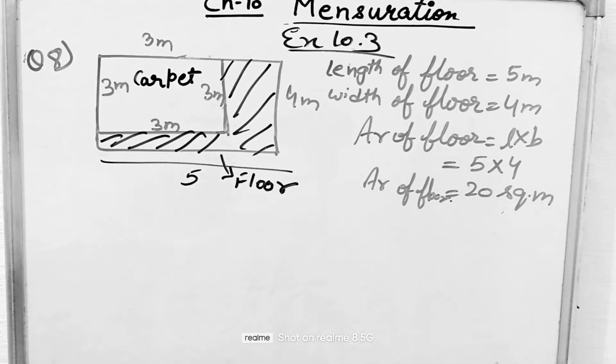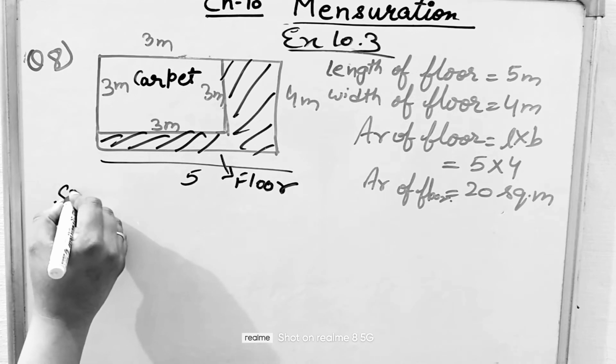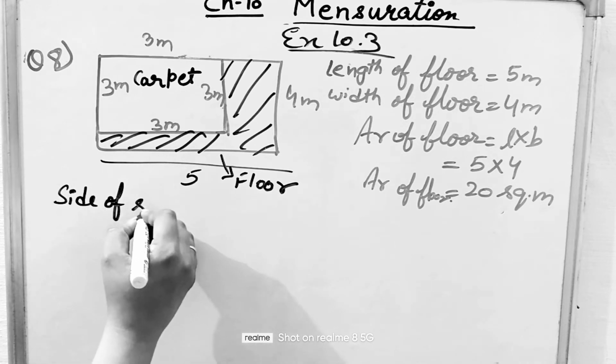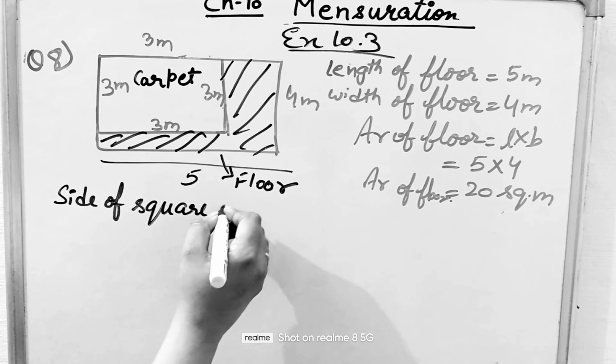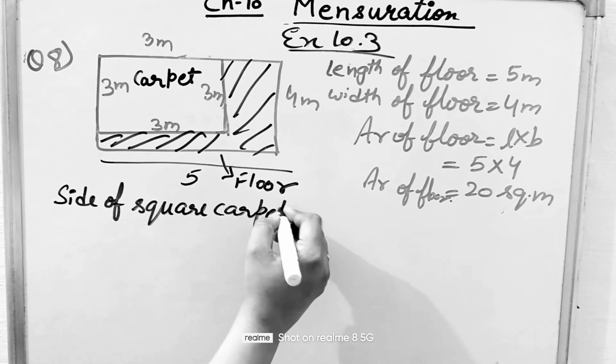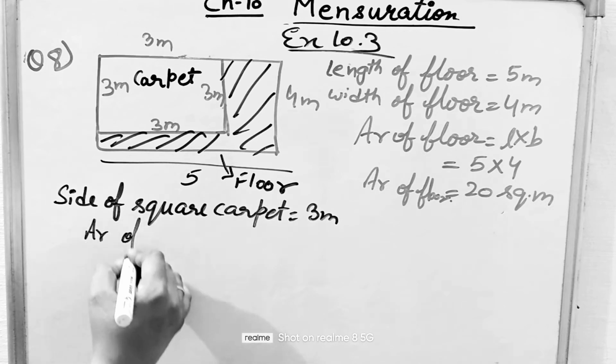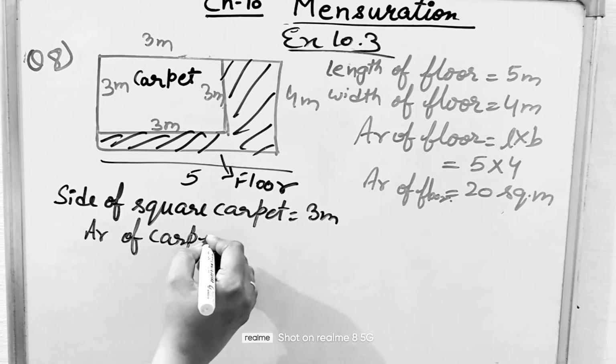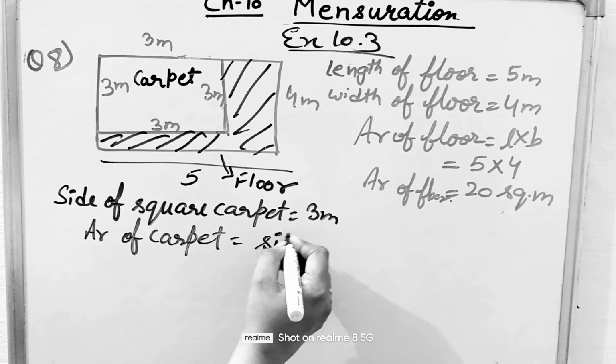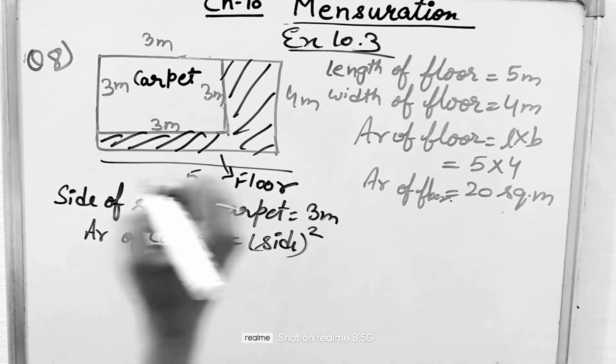Correct? And you have to find area of carpet also. So you will write side of square carpet is 3 meter. Now area of carpet is equal to side raised to the power 2.